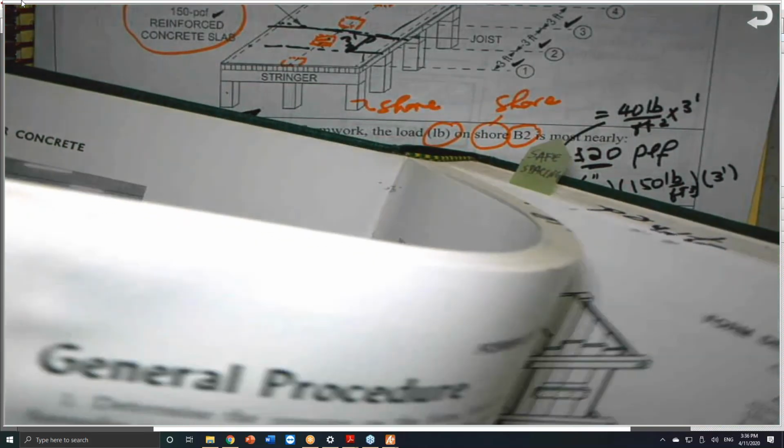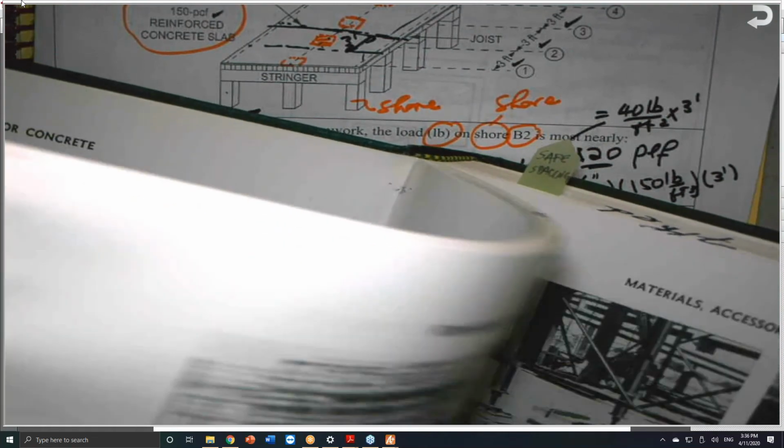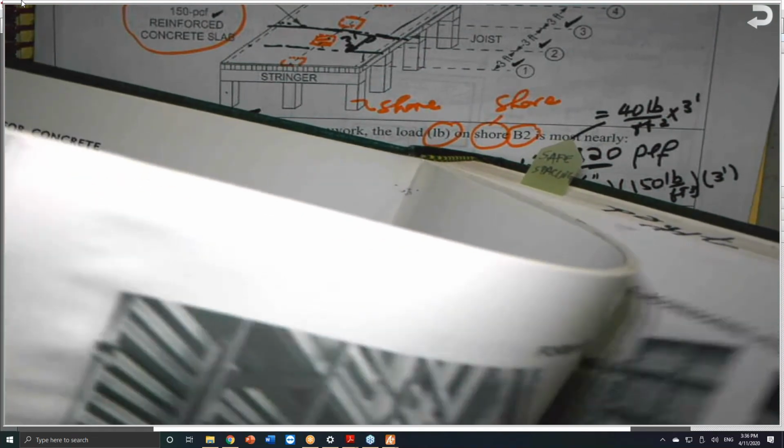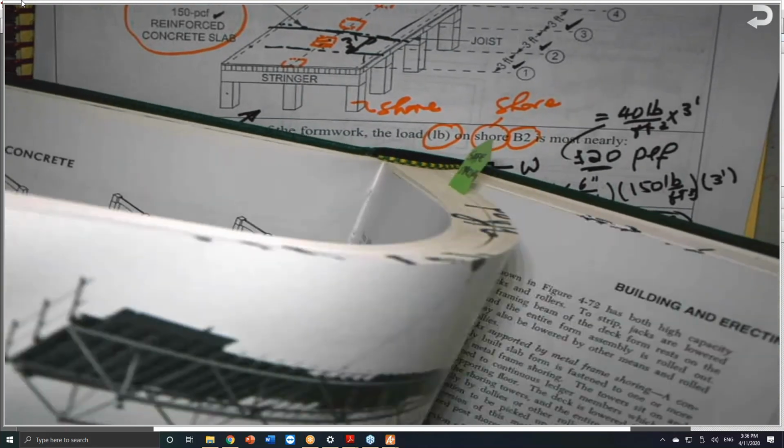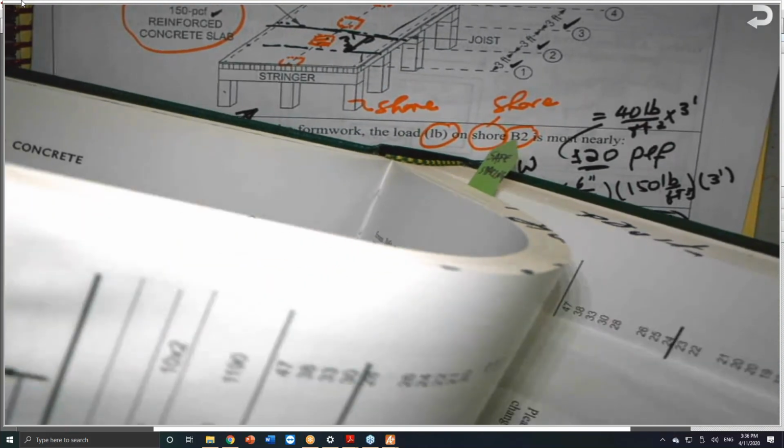So it's still the same, no change in structural analysis. It's still the same tables that we use as far as the loading, because it came from structural analysis, not the steel manual only.